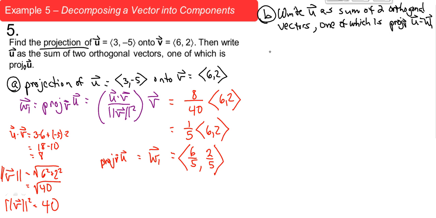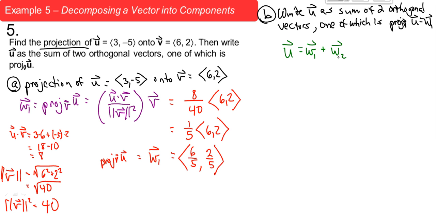So now I'm going to say for this one, this vector u is going to be W1 plus W2. And it's W2 that I want to find.